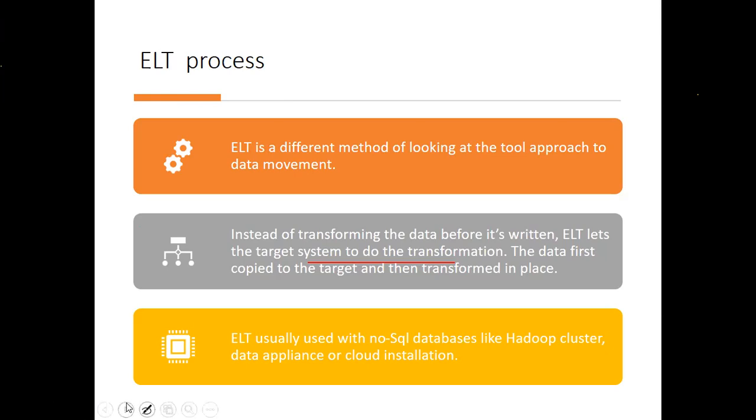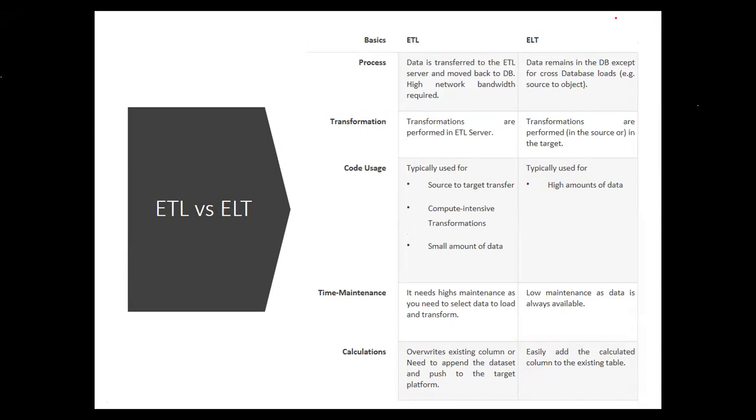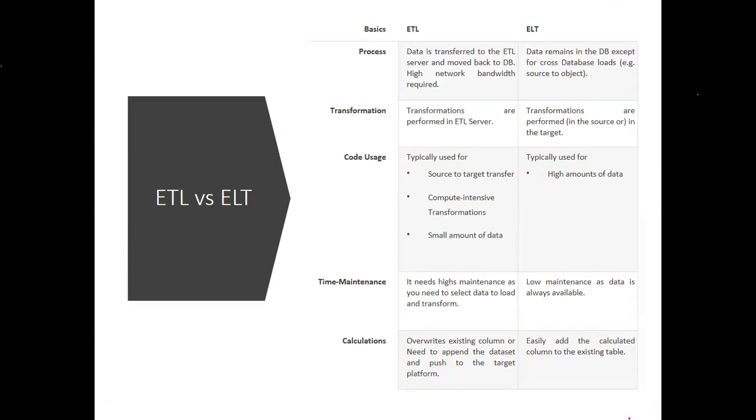Now let us talk about, in summary, the difference between these two. Right? So ETL, what happens? Data is transformed on the ETL server and moved back to the DB. The transformations happen in the ETL server. Suppose you are using SSIS: wherever SSIS is configured, on that particular SSIS server, the transformations happen.